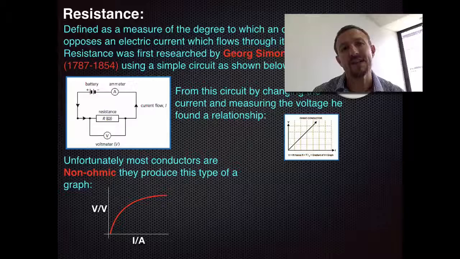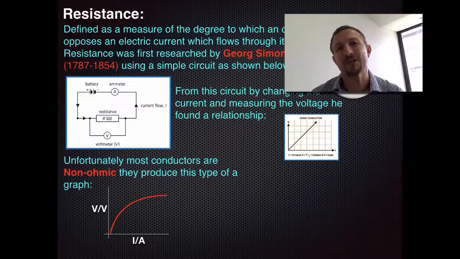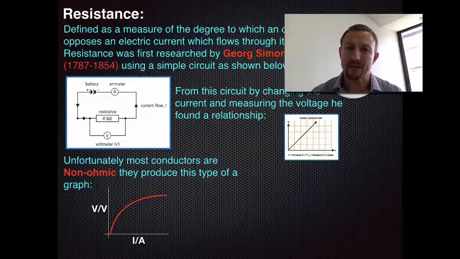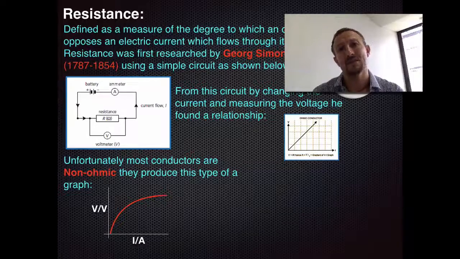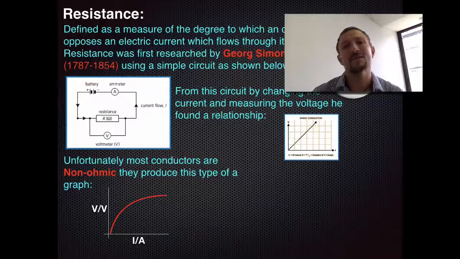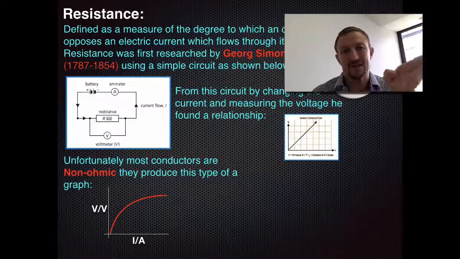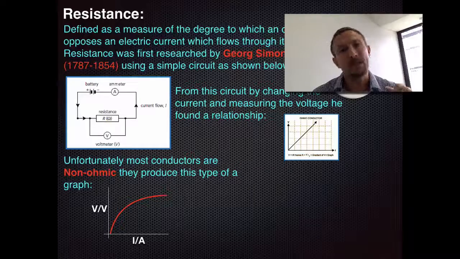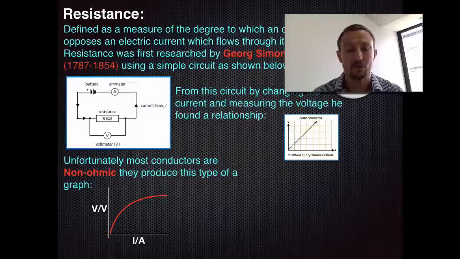Now, the reason why this is because if you put more current into a material, you increase the amount of heat. Heat causes the material to expand. That expansion means there's more space. More space means there's less resistance, which means that the result is that it curves off. Now, most materials are non-ohmic, but at certain temperatures, they will be ohmic and obey Ohm's law.